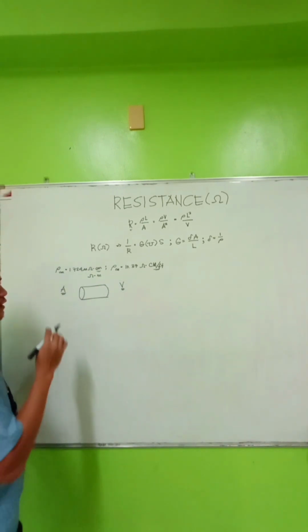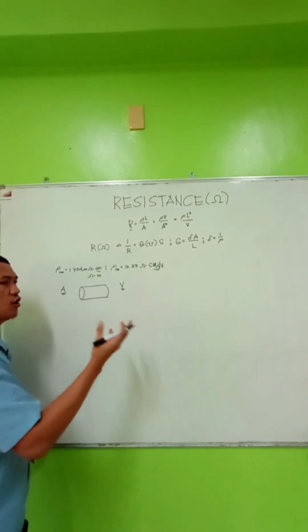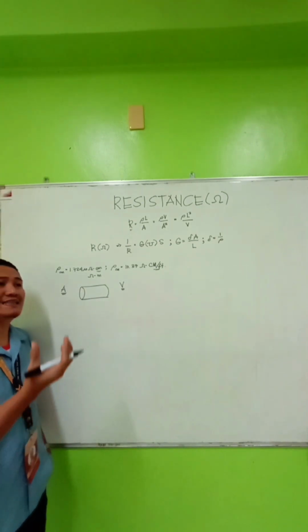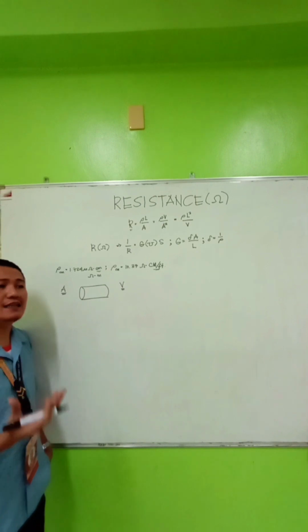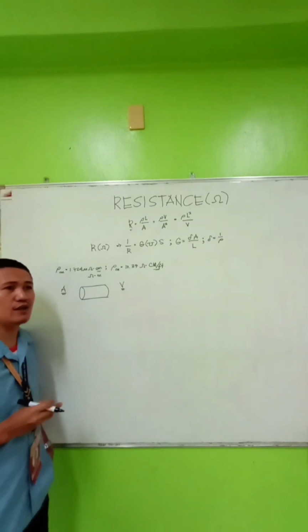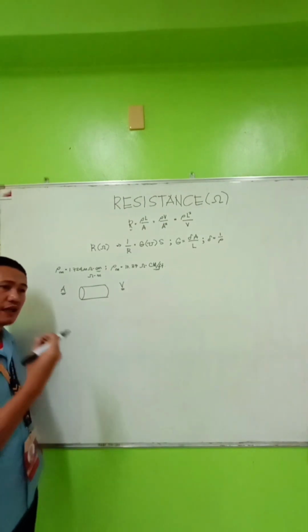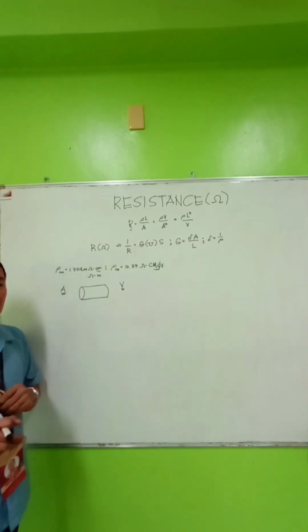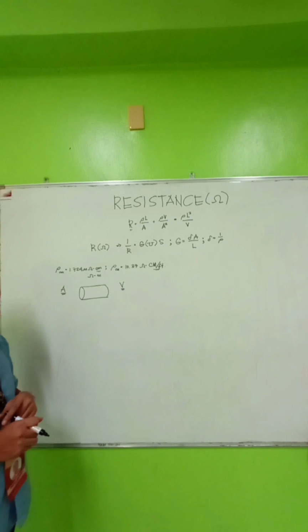Okay, so let's start with the cylindrical shape because the common shape of a conductor is cylindrical unless it is specified with a specific shape. Okay, but for a conductor, you can safely assume that it's in a cylindrical shape. A solid conductor is in cylindrical shape.